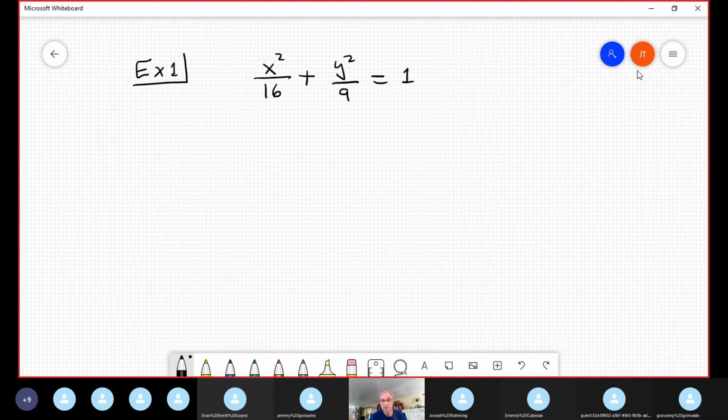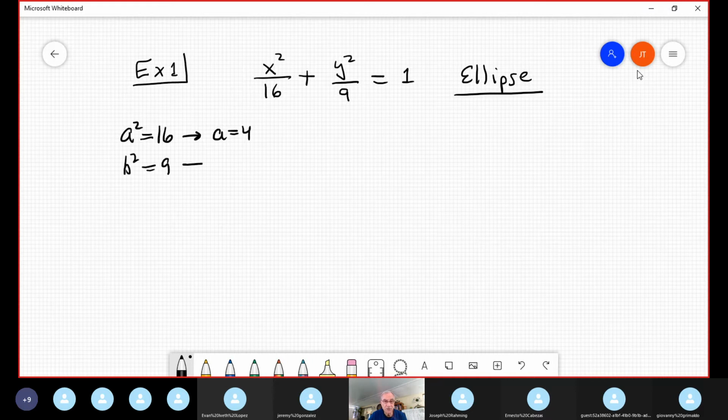Oh, and you identify in 1 second that this is an ellipse. Why 1 second? Because it's expressed in the classical standard form. And you identify also A squared is 16, therefore A is 4, square root of 16, no? And B squared is 9, and B is 3.